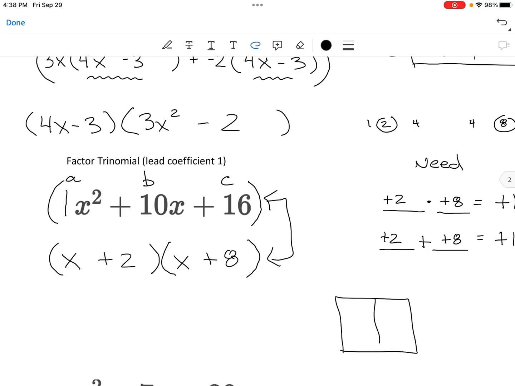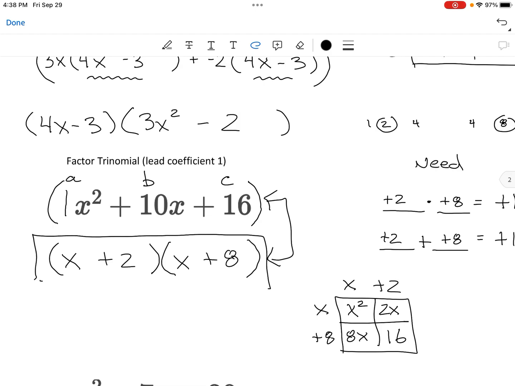Multiplying x plus 2 and x plus 8, this gives you x squared, this gives you 2x, this gives you 8x, and this gives you 16. Combining those terms, you get x squared, 10x, and 16. That's a quick way to check that this is the correct factorization for that trinomial.